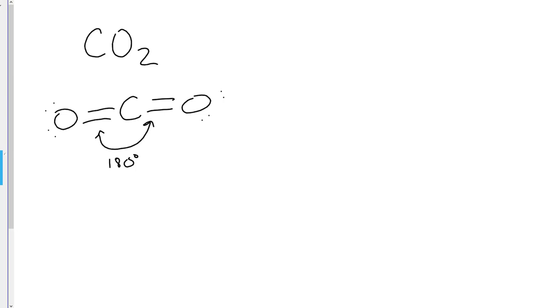Our central atom is carbon. Carbon has how many valence electrons? 4. So what orbitals are those 4 in? No, not 1s. It's got some in p, but it's only got 2 in its p. What are the other 2? 2s.